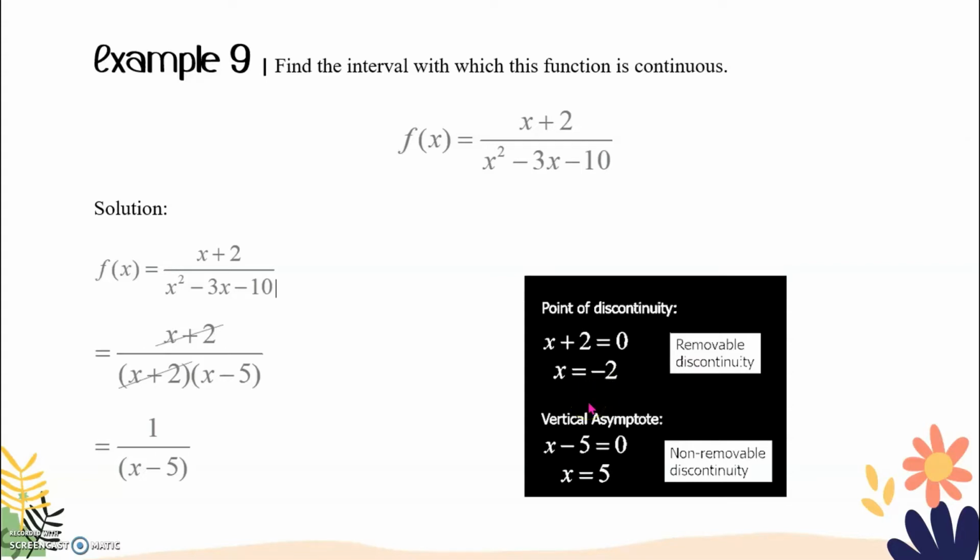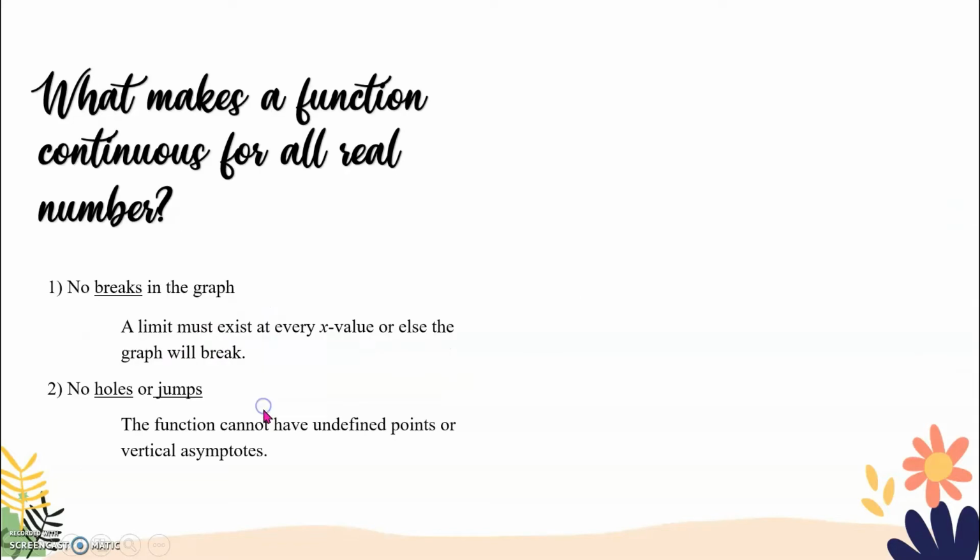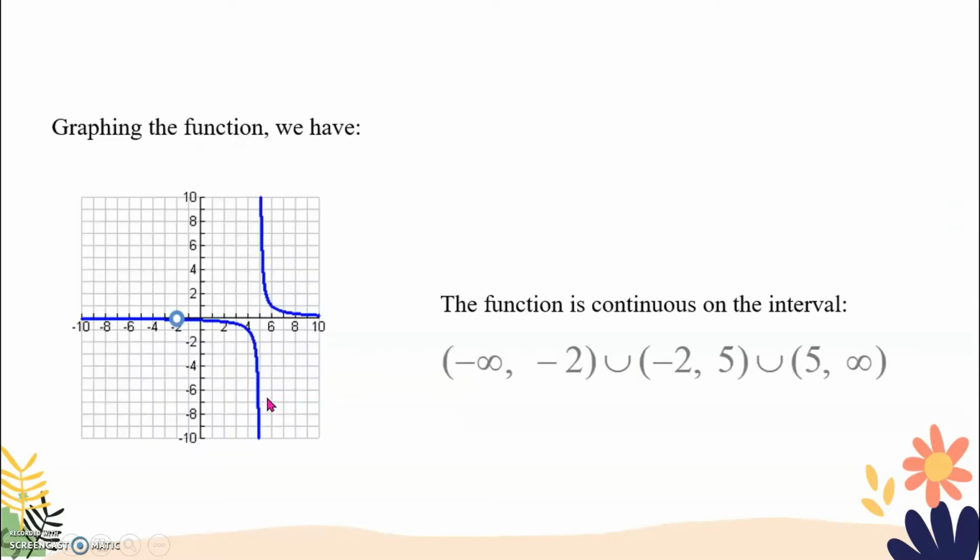And solving for the vertical asymptote, we'll take x minus 5 equals 0. X equals 5. So that's the non-removable discontinuity, right? Having the graph of our function, we can really see that there is a hole at x equals negative 2 and x equals 5 is indeed the vertical asymptote of our graph.